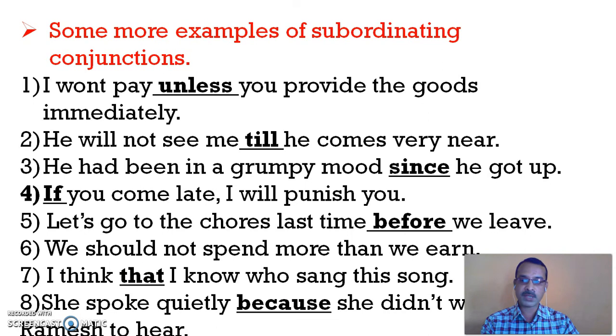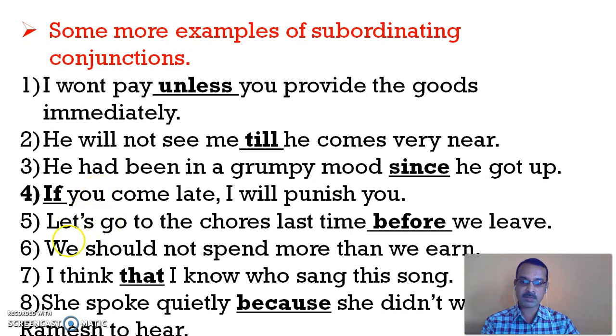You stop the video and try to identify the main clause and subordinate clause, and also you need to identify the relationship between these two clauses, because we will select what subordinating conjunction would be used. It depends on the relationship between those two clauses.